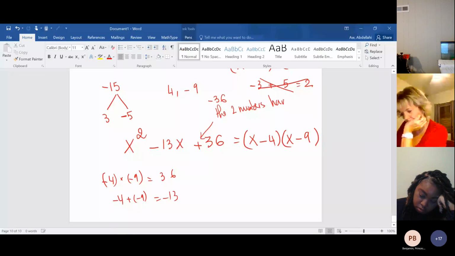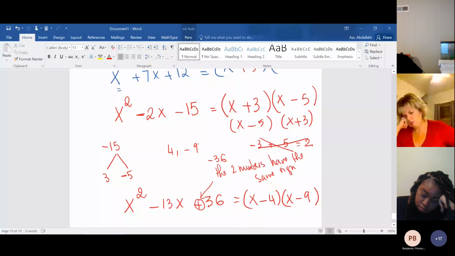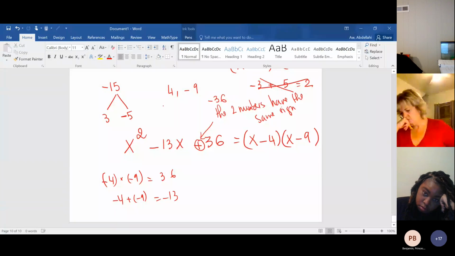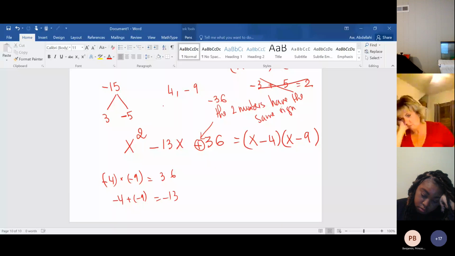When the last sign is positive, either they're both positive or they're both negative, right? If that sign is negative, it means one of them is positive, the other one is negative.